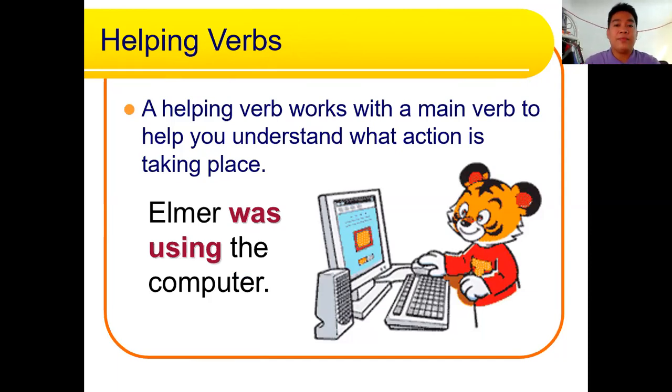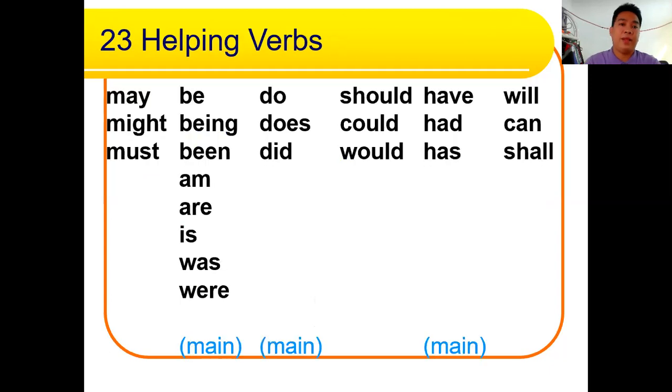Examples of helping verbs that we might use in our sentences are be, being, been, are, is, was, were, do, does, and did.